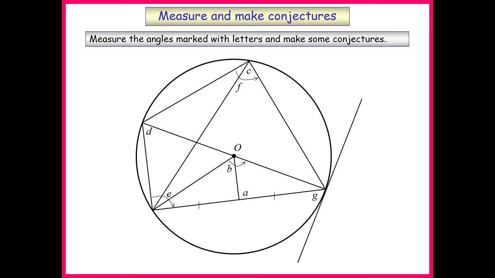Is someone measuring C? No. Will you measure C for me, please? Sal jy vir my hoek F meet? Sien jy hoek F is die hele ene. Okay, anyone else? Zaid, will you do B for me, please? B. Angle B.